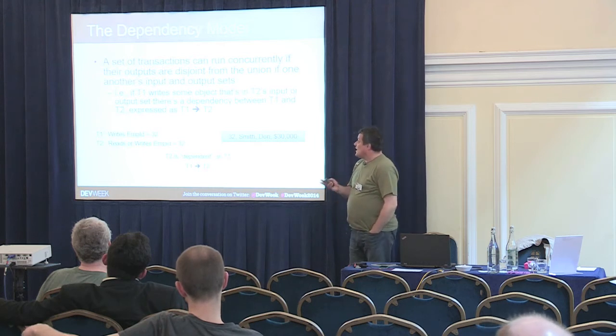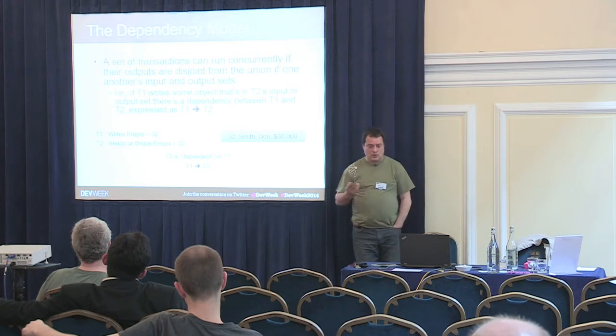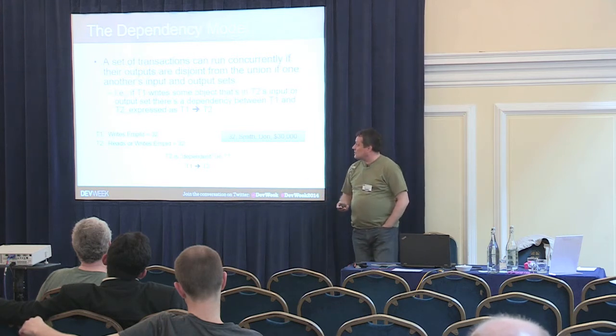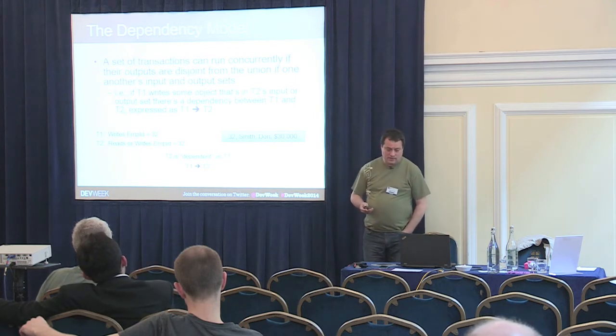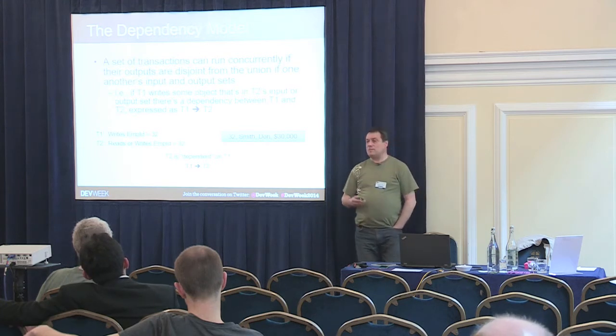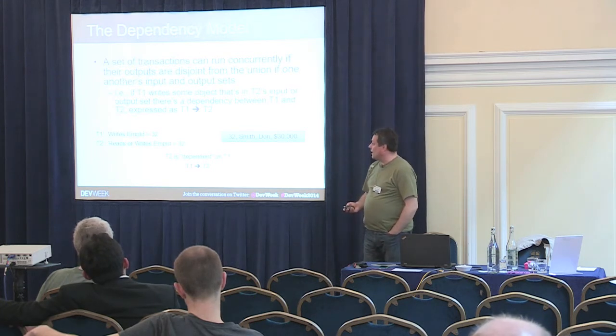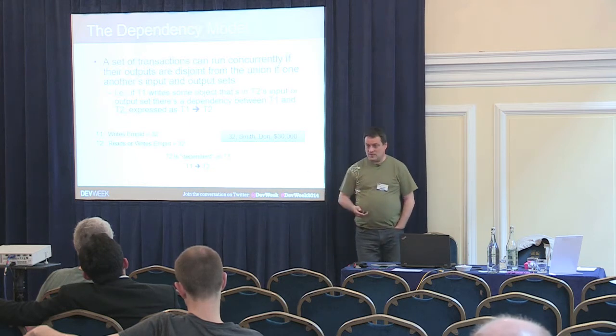So transactions can run concurrently if their outputs are disjoint from the union of the input sets. Okay? If T1 writes some object that's in T2's input or output set, there is a dependency between T1 and T2, expressed as T1 implies T2.